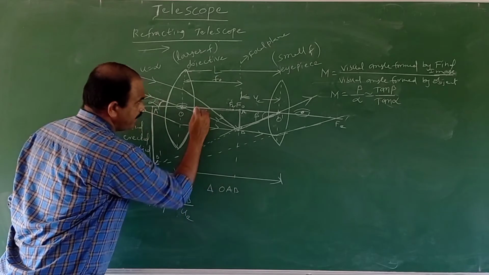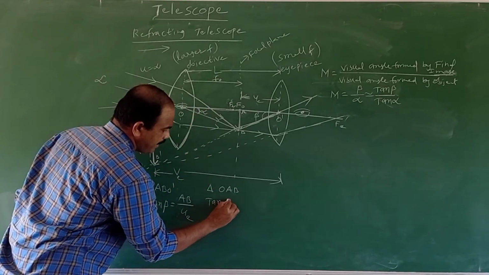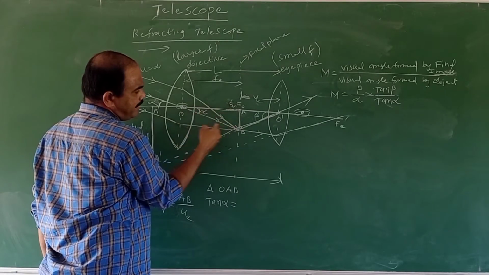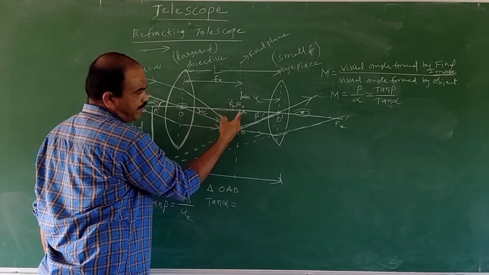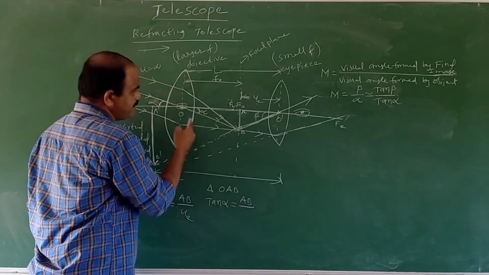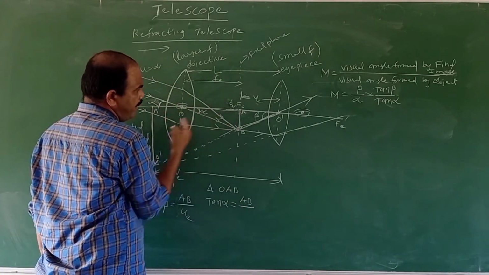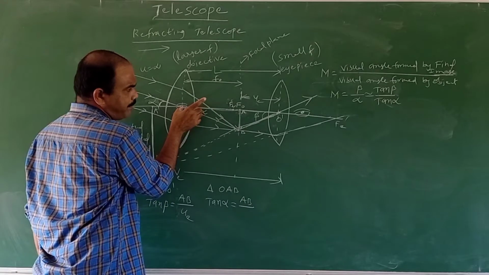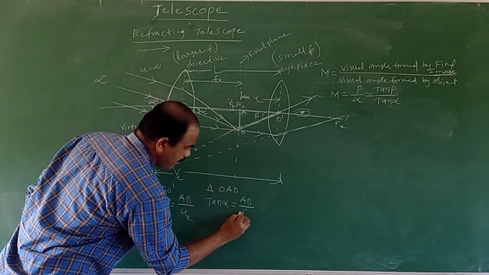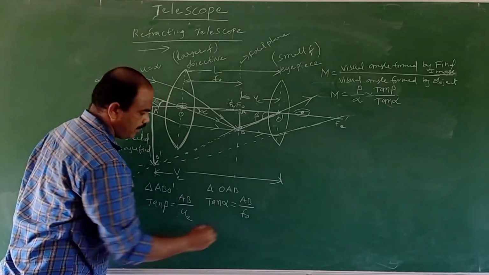In this triangle, what is tan alpha? For this alpha, the opposite side is AB and the adjacent side is OA. OA is the distance from the optic center to the focus, which is known as the focal length of the objective. This is tan alpha.